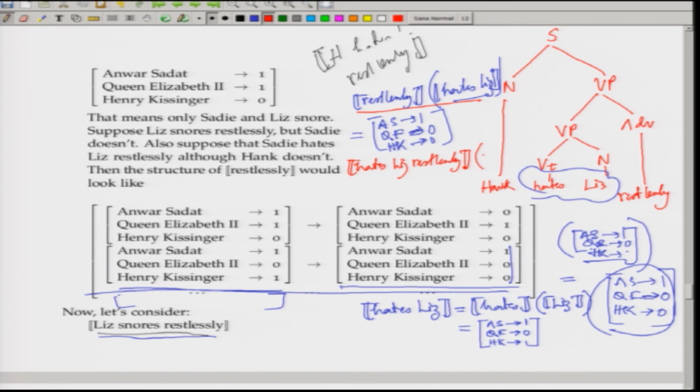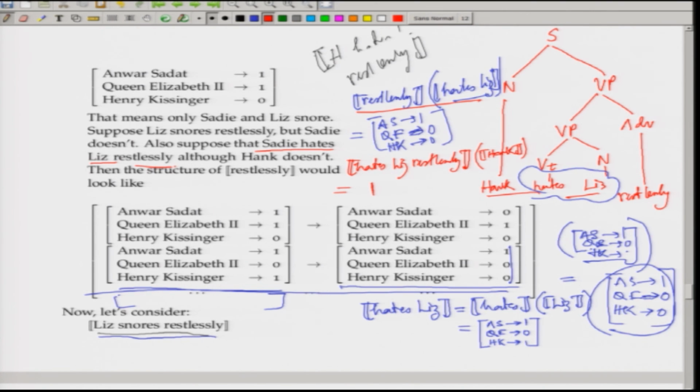We are considering this sentence, right? Hank hates Liz restlessly. So, it will take the denotation of Hank, and we know the value that is here. This will take the denotation of Hank, which is AS, and will actually yield 1, and that was desired, because we supposed that Sadie hates Liz restlessly, while Hank doesn't, right.